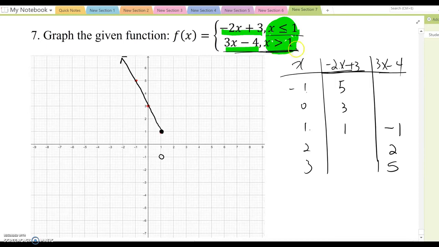But the reason we still start from the 1 is because this is our starting value, even though it doesn't have a real value. And 2 and 2, and 3 and 5. So you connect them like this. So that will be the answer for number 7.